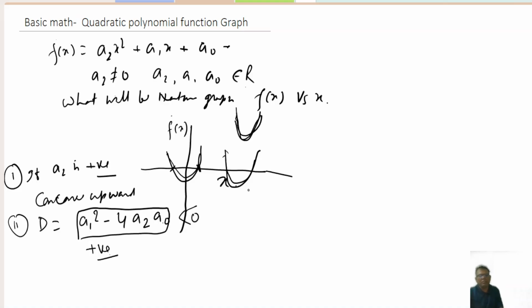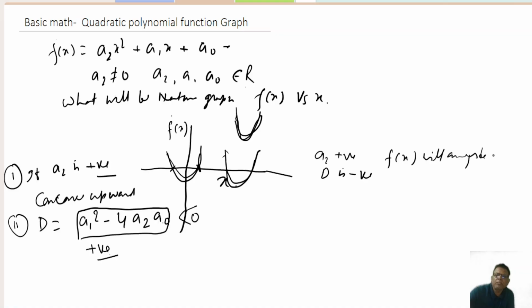So now we can draw the inference that if a2 is positive and D is negative, then f(x) will always be positive. And if it is cutting at two places, then up to this interval it will be negative, and in this interval, here and here, it will be positive.